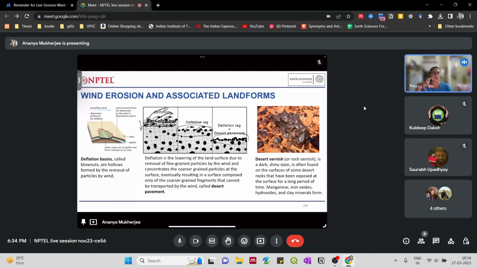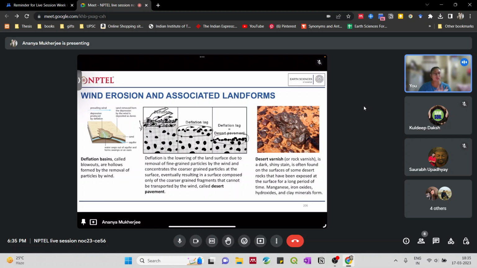Sometimes the rocks are exposed to the surface after all the finer grains have been moved away by a process like deflation. These exposed rocks might have minerals containing manganese and iron.